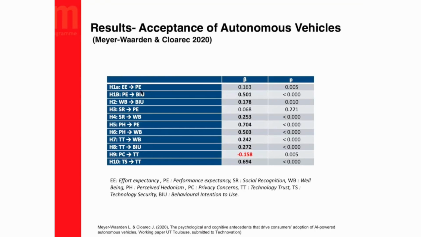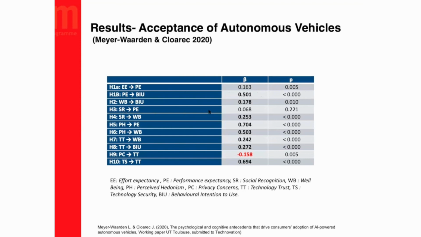So effort expectancy has a positive link on performance expectancy, and performance expectancy has a positive link on behavioral intention of use of autonomous cars. The easier it is to use, the more it brings benefits, and the higher will be also the intention to use it. We see also here the highly significant link between well-being and behavioral intention of use, in line with our hypothesis and in line with literature.